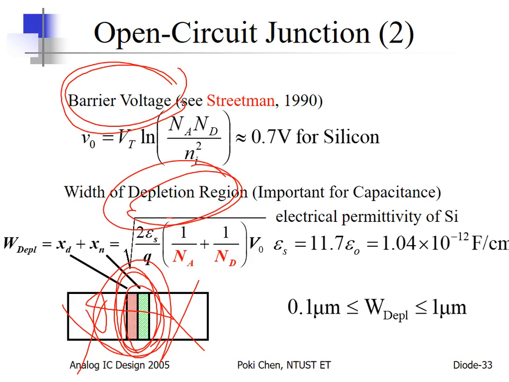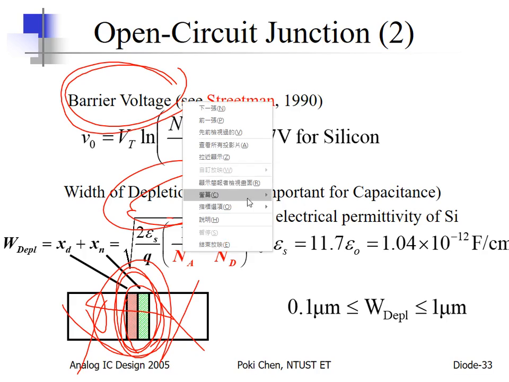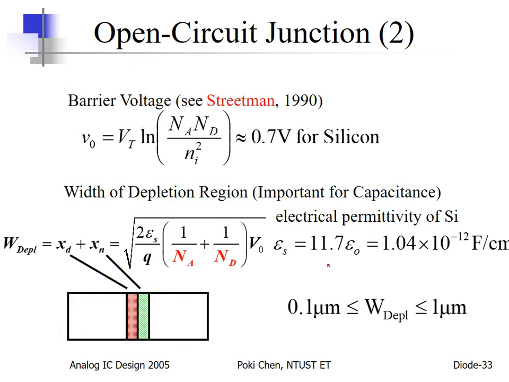So if you would like to generate more power from a solar cell, it needs to be very lightly doped to get a lot of depression region.